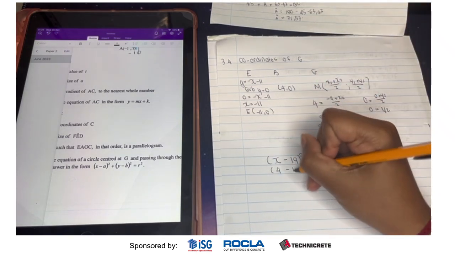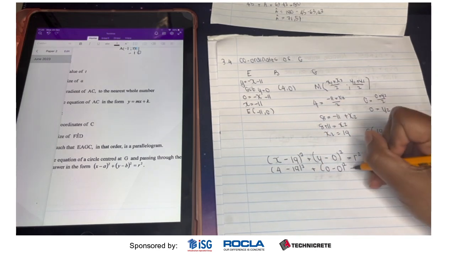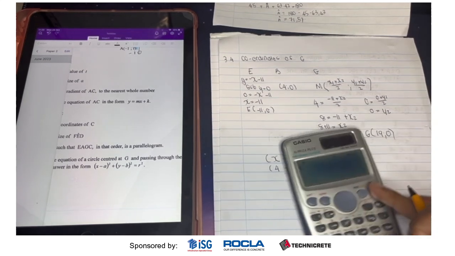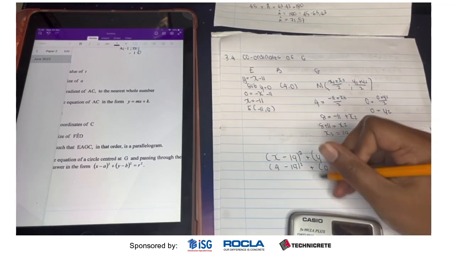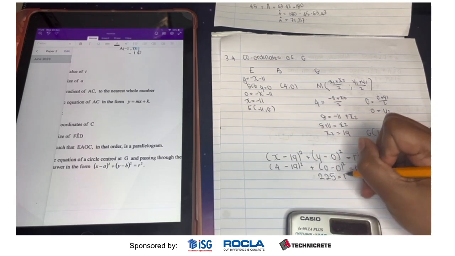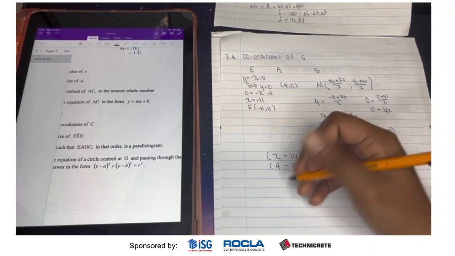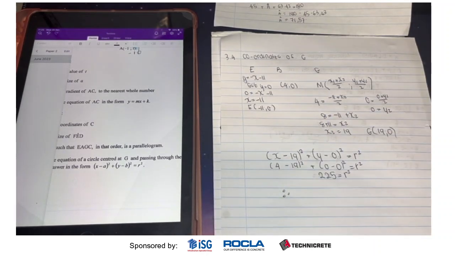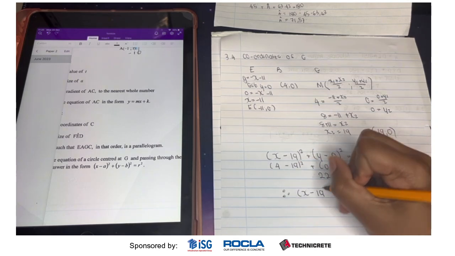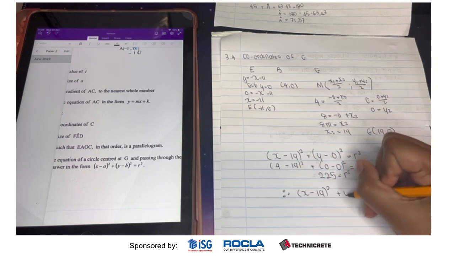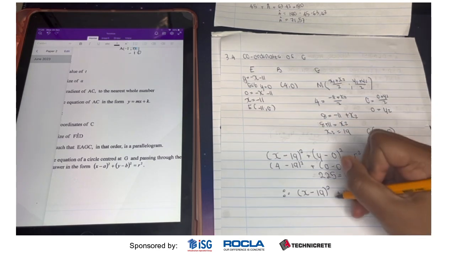So 4 minus 19 squared plus 0 minus 0 squared is equal to r squared. So 4 minus 19 squared, 225 is equal to r squared. We don't need to find r because we just need to write our answer in that form. So therefore my answer is x minus 19 squared plus y squared, because it's just 0, is equal to 225.